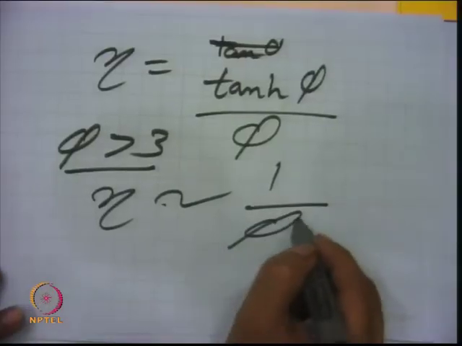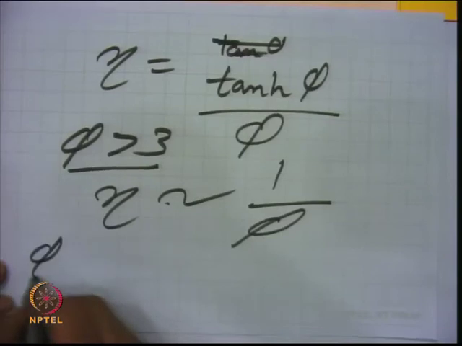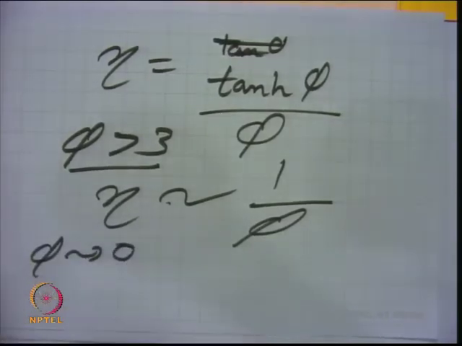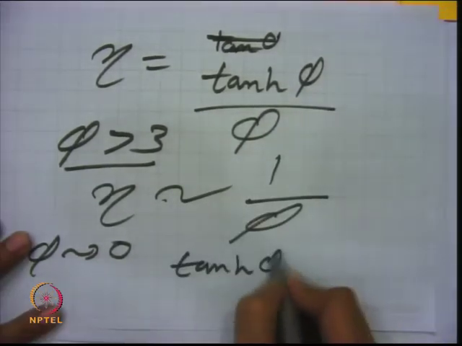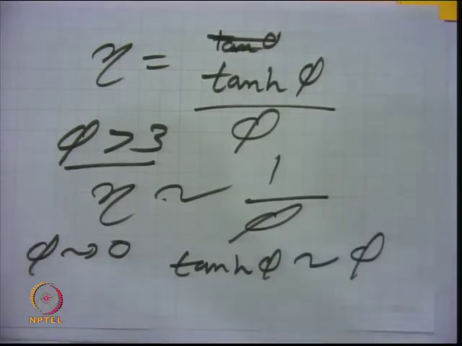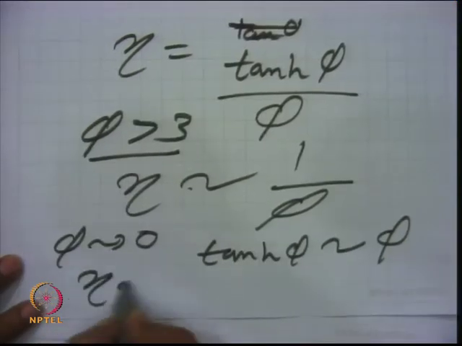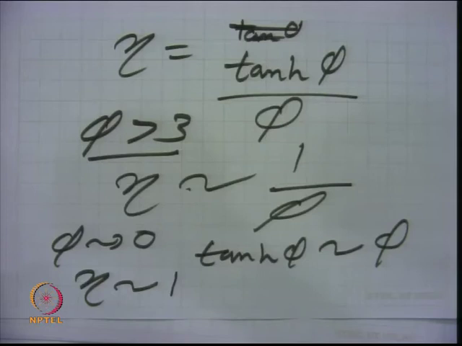So, for strong pore diffusion it is defined like this, and when φ approaches 0, a low value of φ, less than 3, or φ equal to 1 suppose, then tanh φ approximates φ. If you calculate from a calculator, the value of tanh 0.03 is similar to 0.03, right. So, it approaches φ, and at that time η approaches 1, right. And what does φ represent?